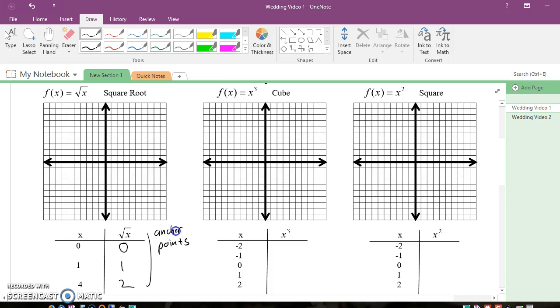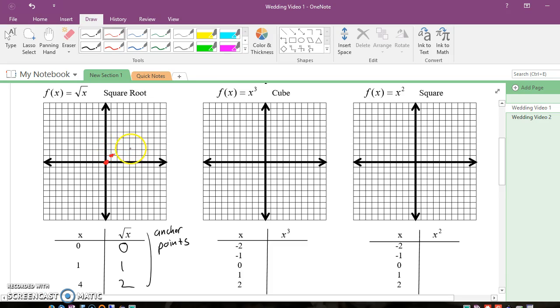You can think of these as determining the shape of the graph. So if I plot these points here, 0, 0, 1, 1, and 4, 2.